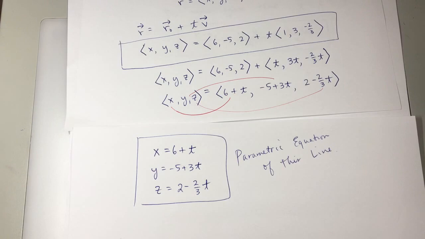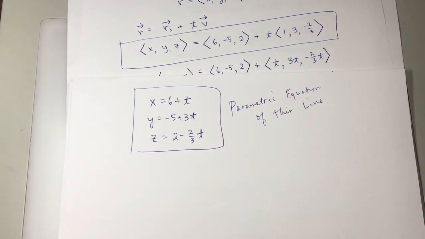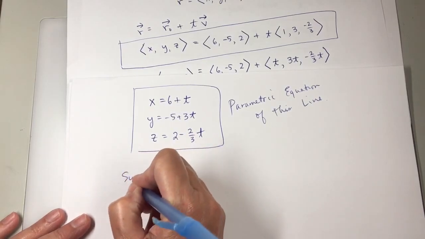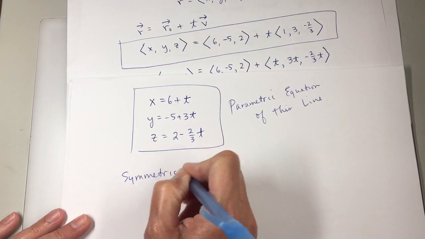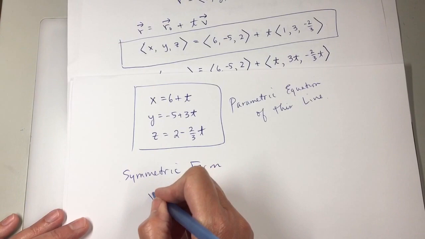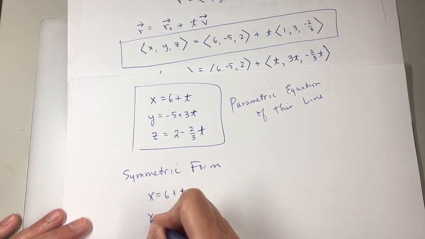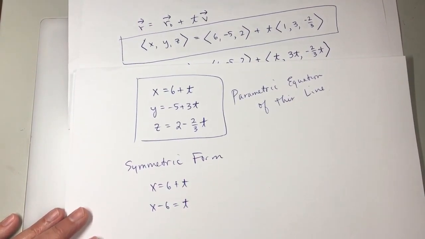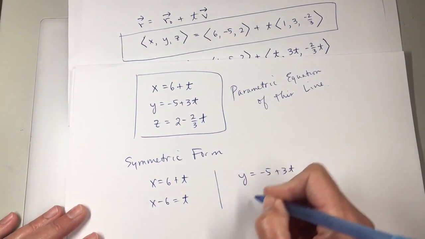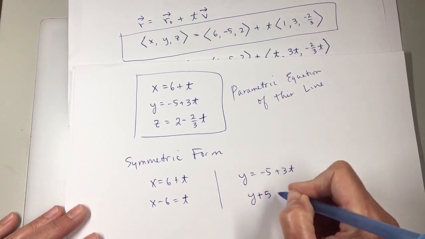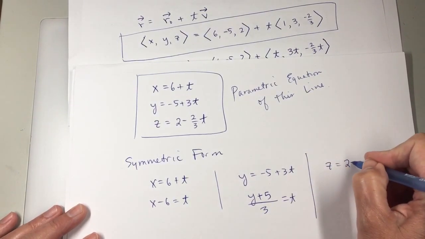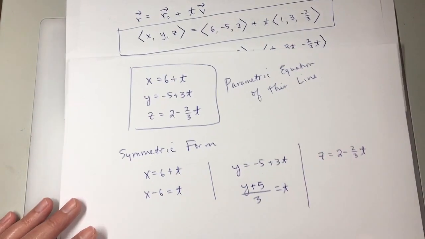They did not ask for the symmetric, but if they did, well, let's go ahead and give it anyway. So for symmetric form, I would say, okay, well, x is 6 plus t, so x minus 6 equals t, and then y equals negative 5 plus 3t, so y plus 5 over 3 is t, z equals 2 minus 2/3 t.